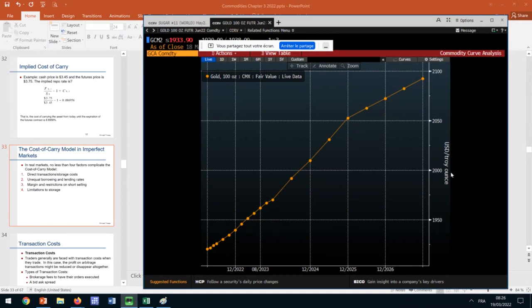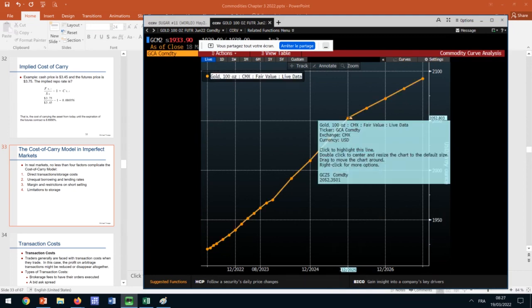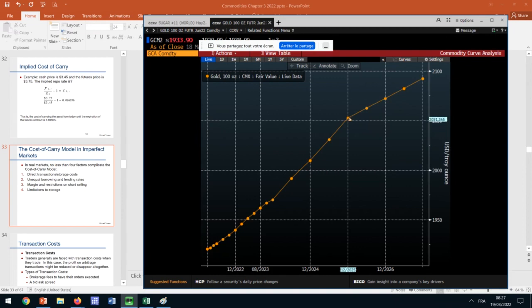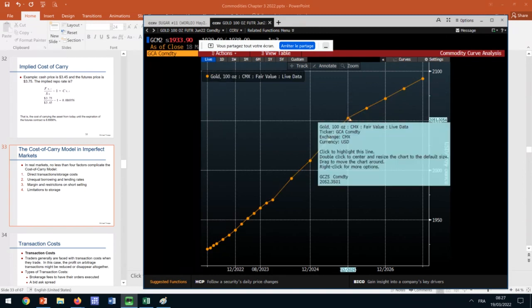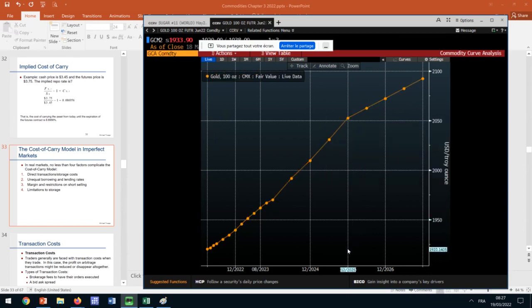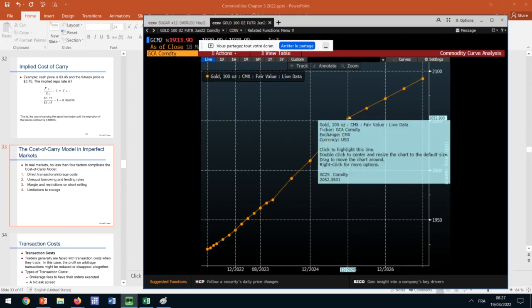Now, let's suppose that you think that in December 2025 there's going to be a very high demand for gold, and that the December 2025 prices of gold will increase. If that's what you think, you should buy a futures contract on gold expiring in December 2025.